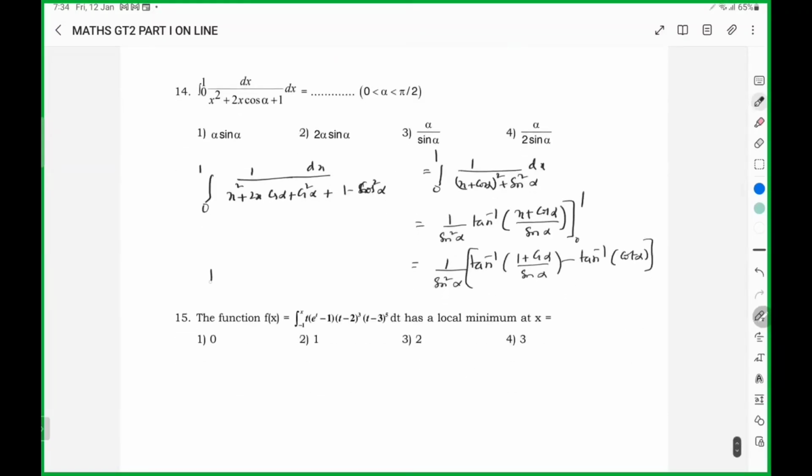So here it is tan inverse 2 cos square alpha by 2 by tan inverse tan 90 minus alpha.